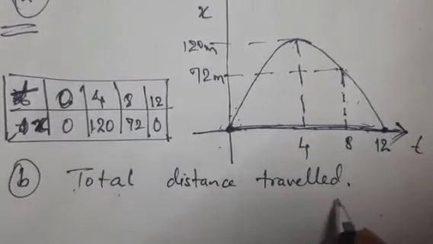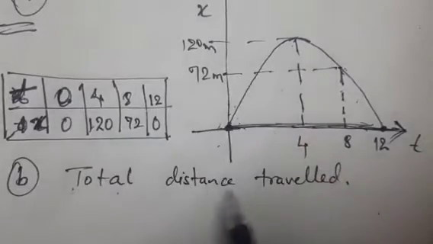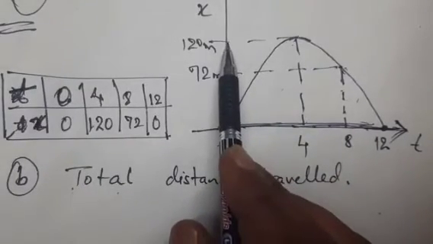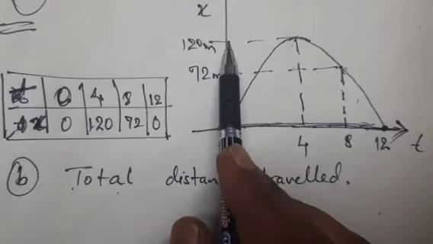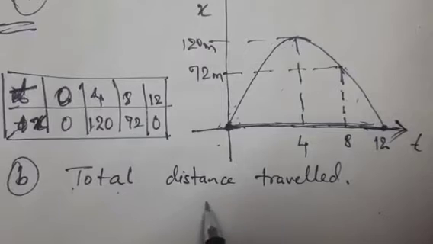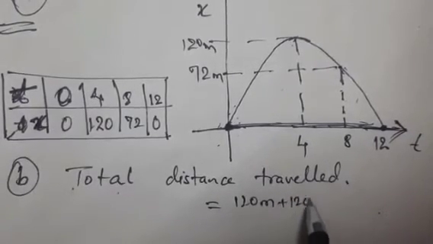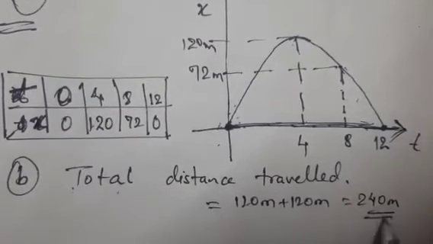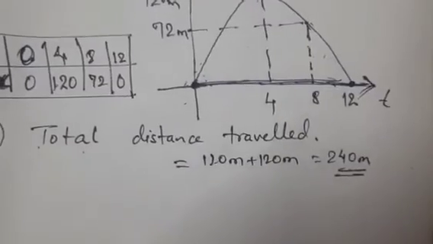Here the object has covered 120 meters vertically upwards, then again 120 meters vertically downwards. So total distance becomes 120 meter plus 120 meter, that is equal to 240 meter. This is the total distance covered.